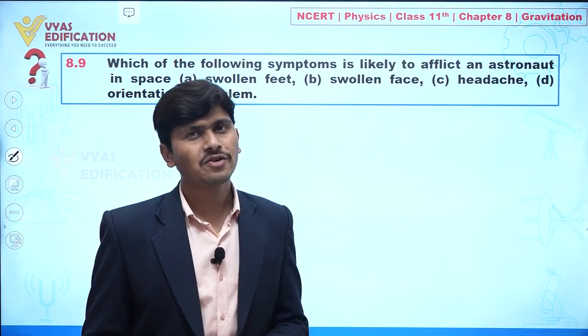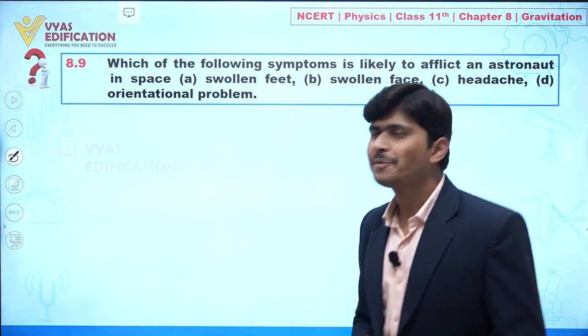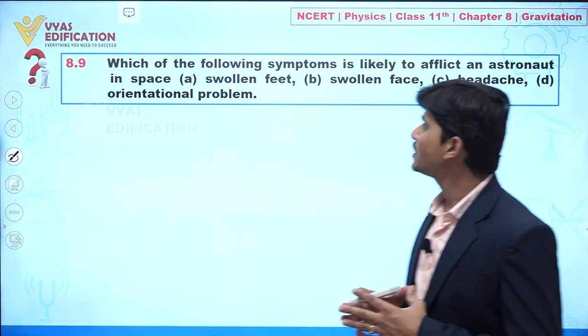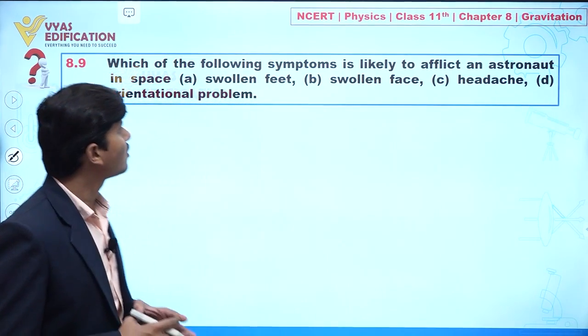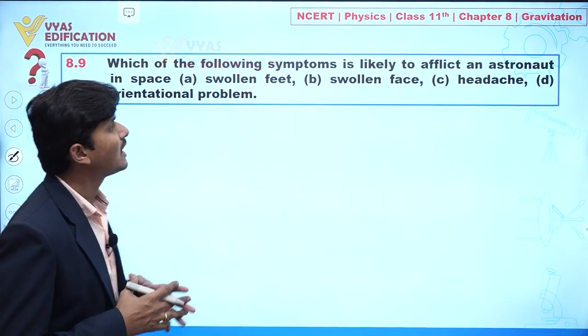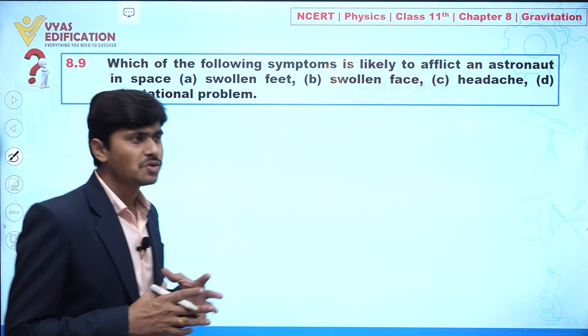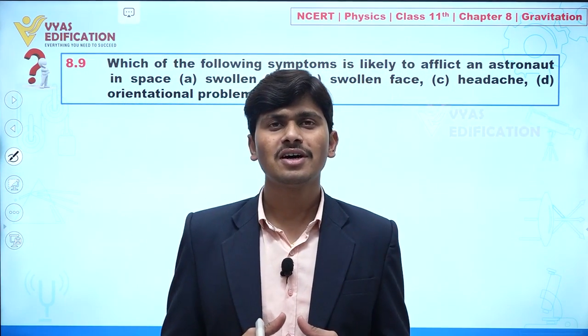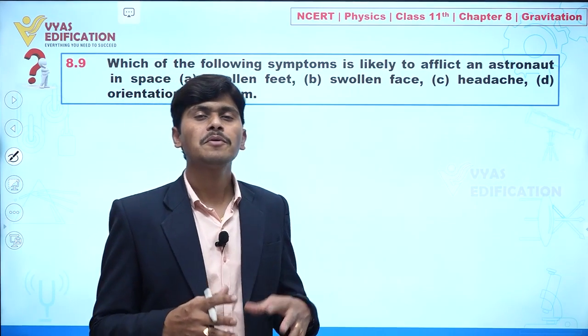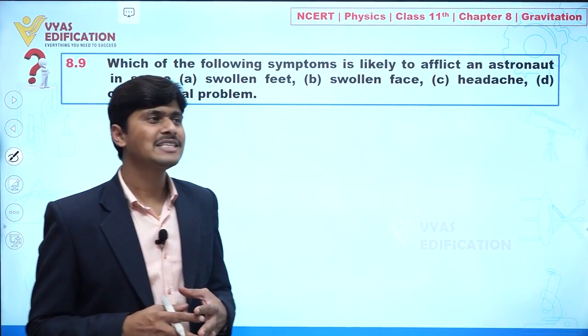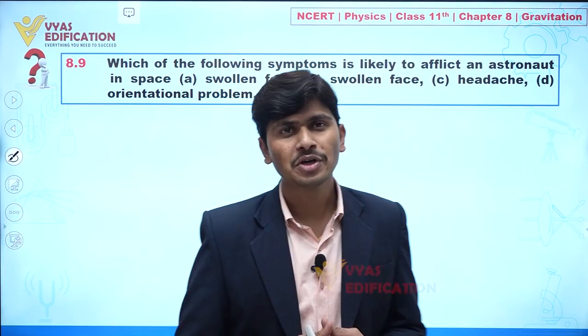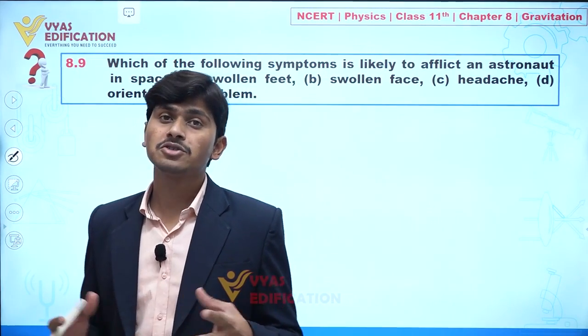Now dear student, we are going to discuss question number 8.9, and in this question it is given: which of the following symptoms is likely to affect an astronaut in space? Whenever an astronaut remains in space, what type of problem do they face? Definitely an orientation problem, because there is an absence of gravity.